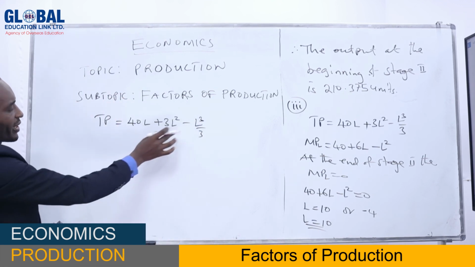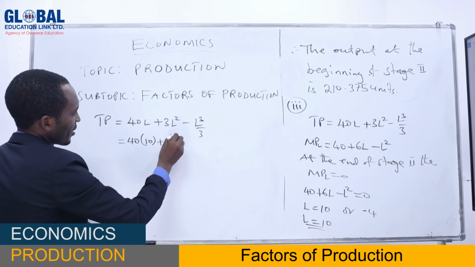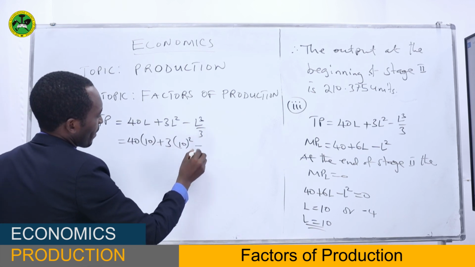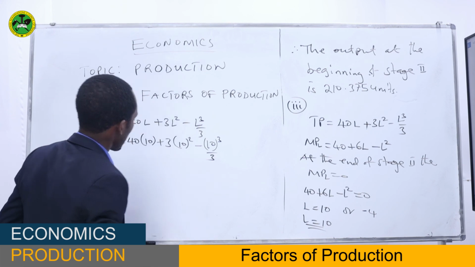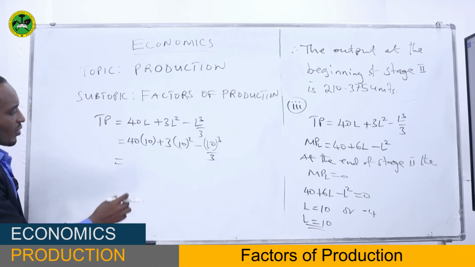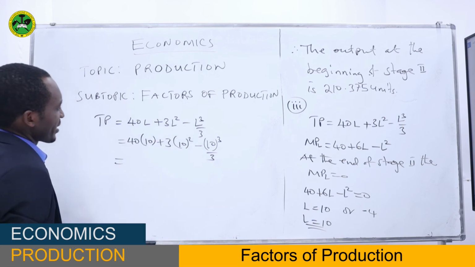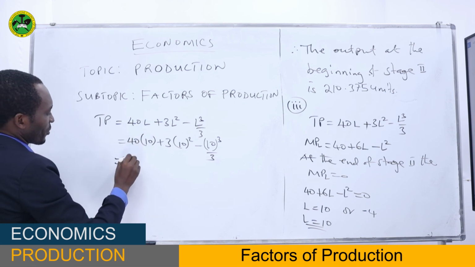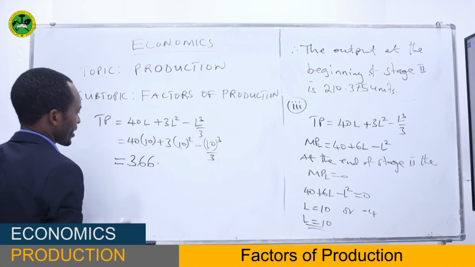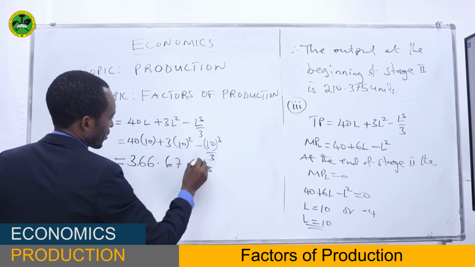So when you substitute 10, it will be 4 times 10 plus 3 times 10 square minus 10 cubed over 3. When you simplify this by using a calculator, the answer will be equal to 366.67 units.